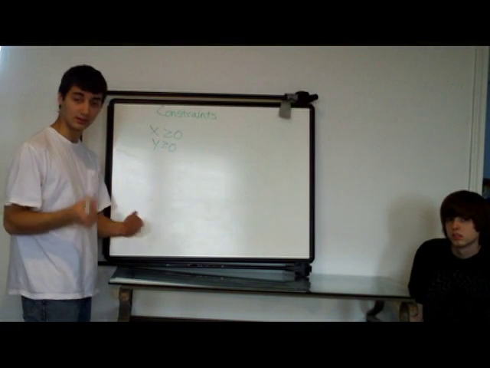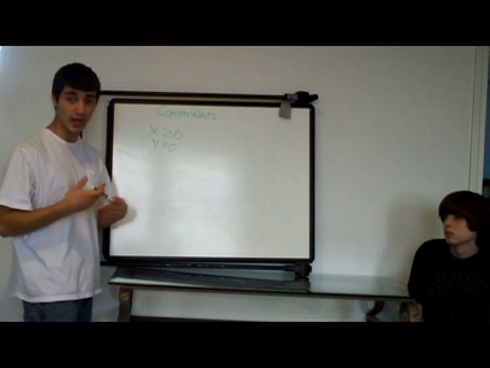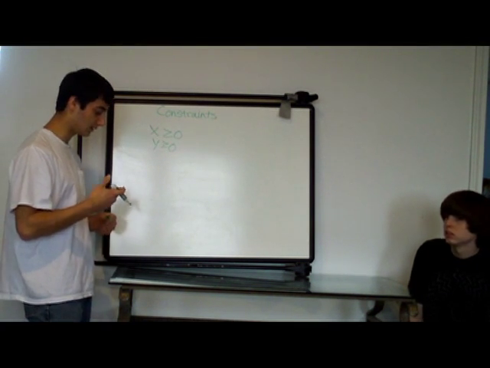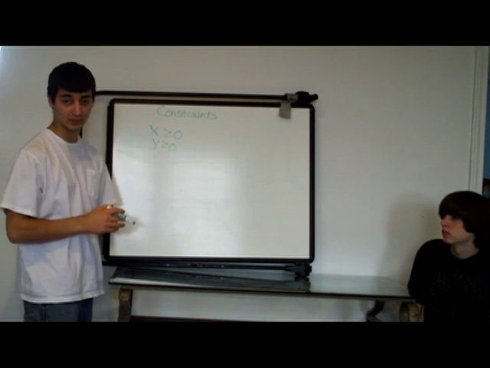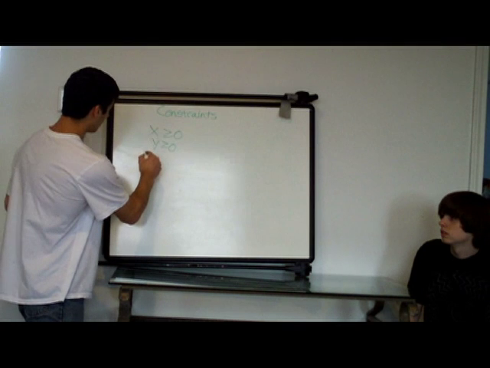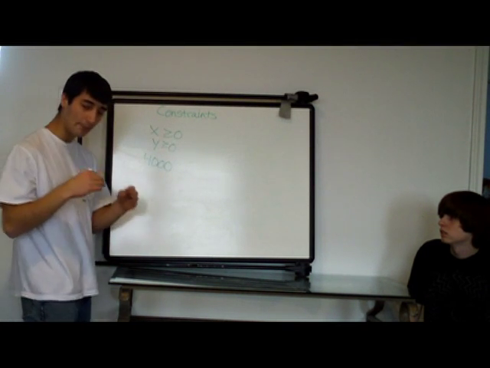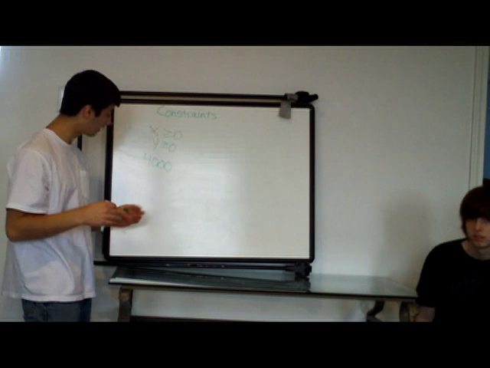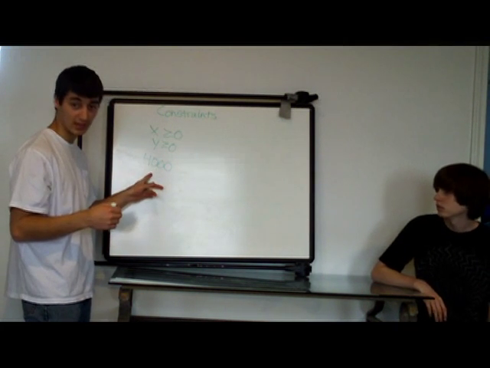Now the next three constraints are related to hours. Let's just start with the general labor, which is 4,000. Both plants together can make bikes for up to 4,000 hours.